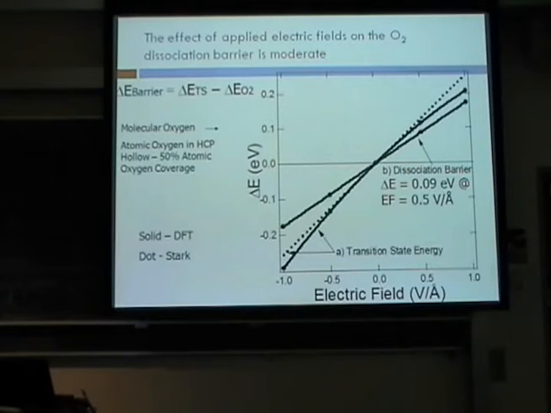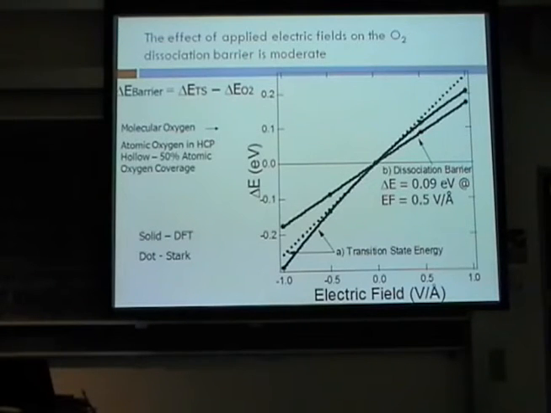Okay, so we see that we can predict what happens with an electric field. And so now it's useful to look at how this affects something like the dissociation of molecular oxygen during the reaction. This is the energy barrier with respect to what you would have under neutral conditions, so at 0 volts where you have no electric field, compared to where you have an electric field of what you typically would see at a cathode in an oxygen reduction reaction, which is 0.5 volt per angstrom.